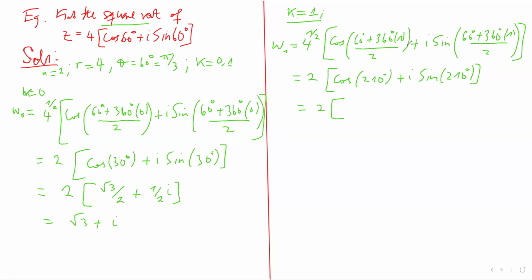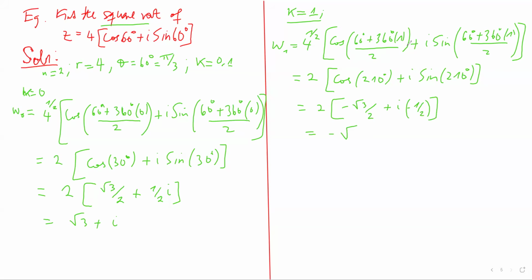This is 2 cos 210 degrees. Cos 210 degrees is nothing but minus square root of 3 over 2, and sine 210 degrees is minus half.